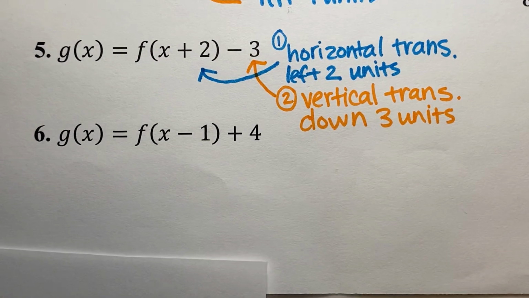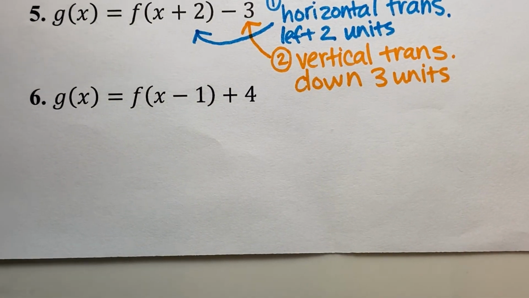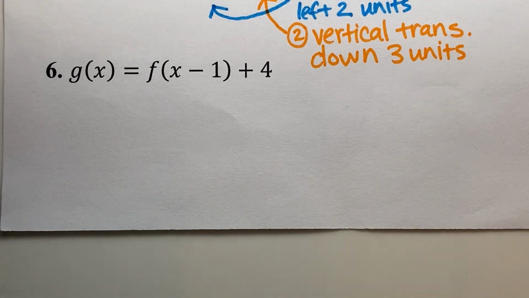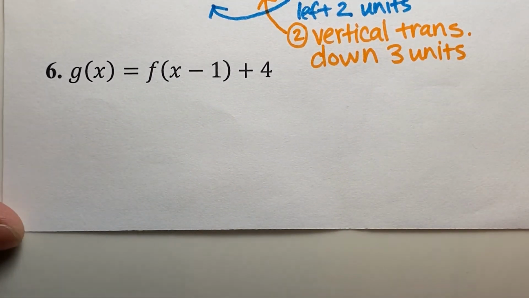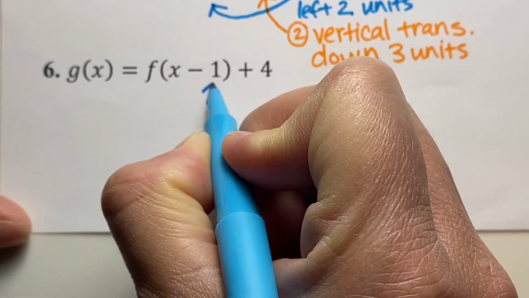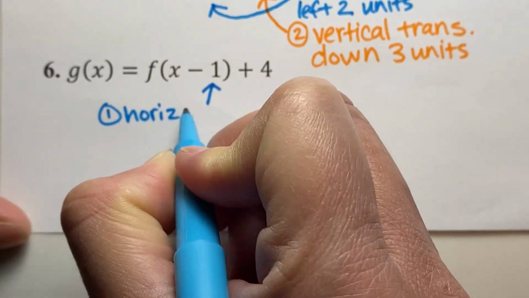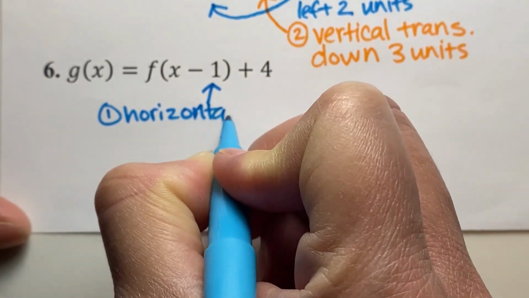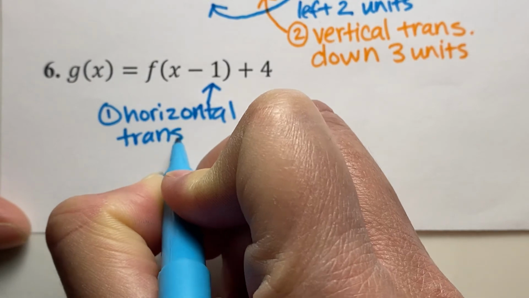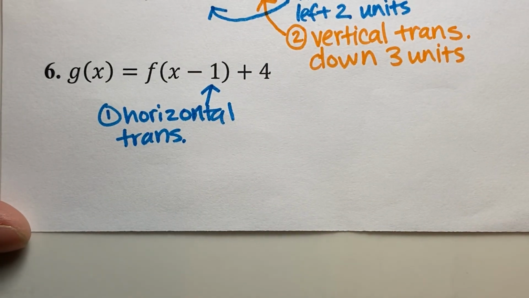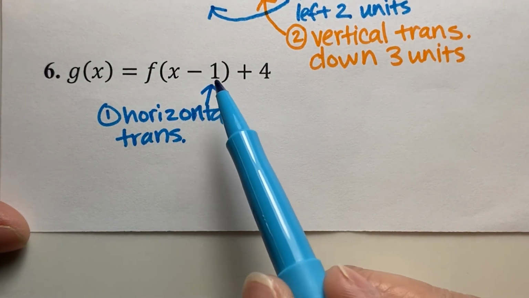In the last example, I have g of x equals f of x minus 1, close parentheses, plus 4 on the outside. Again, if it's on the inside, I know it's a horizontal translation, and it's moving my graph left or right. Well, if it's on the inside, I use the opposite.